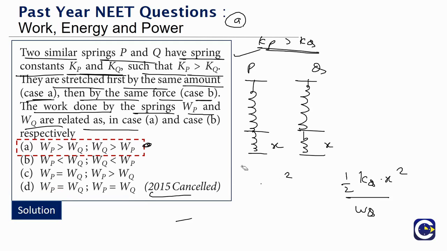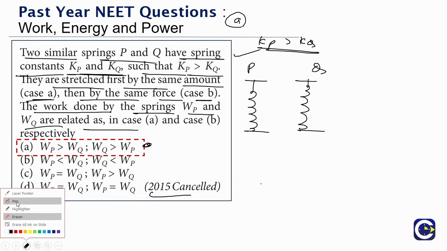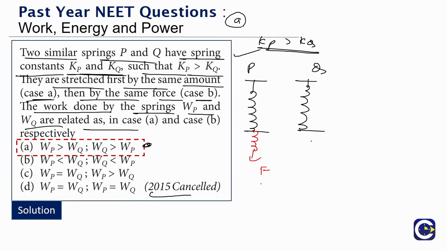Now look at the second case. Second case, they are stretched by applying the same force. So if they are stretched by applying the same force, let us say that corresponding force is F. Here the force will be balanced by the elongation of the spring, right?